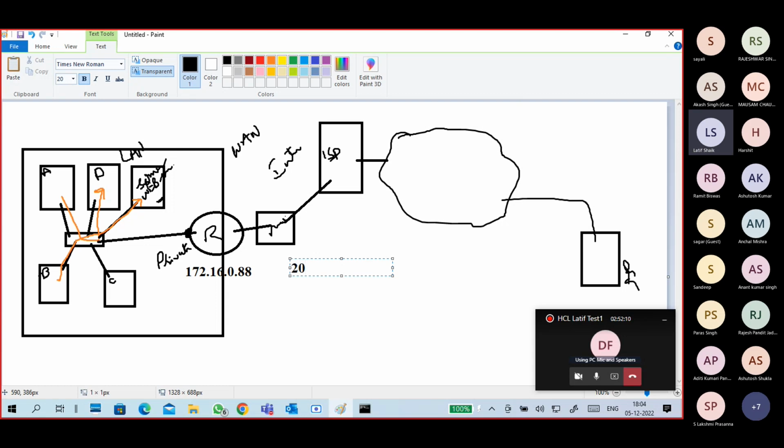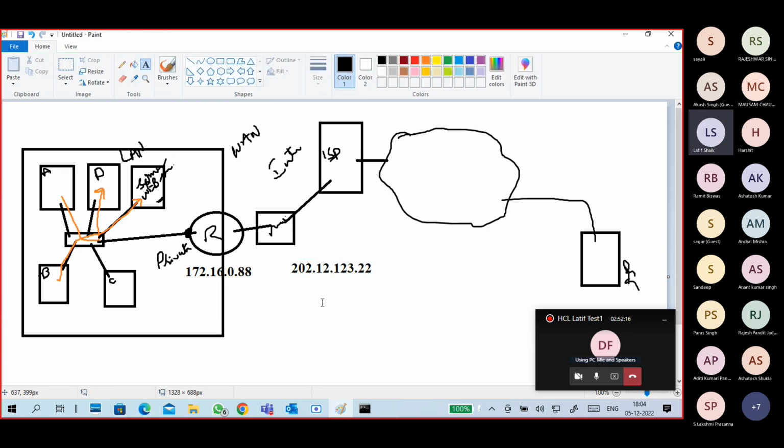So for example, 202.12.3, something like this. This is my public IP. So inside, this server has a private IP only. For example, this user through the internet uses this public IP.